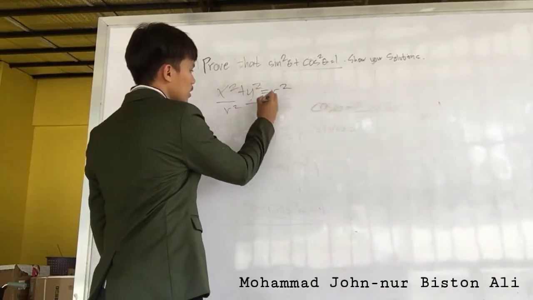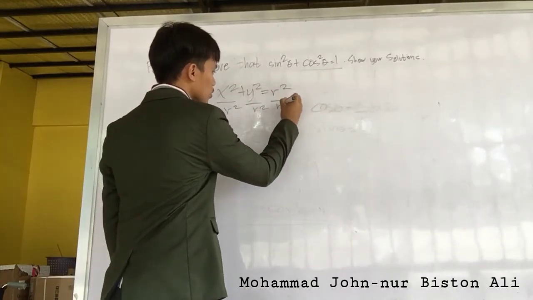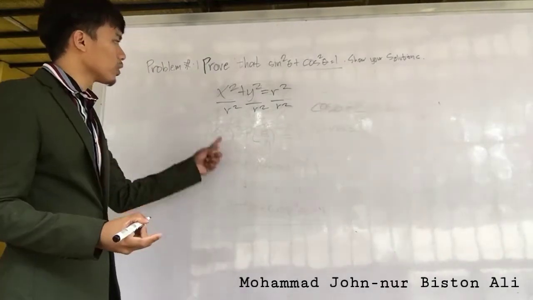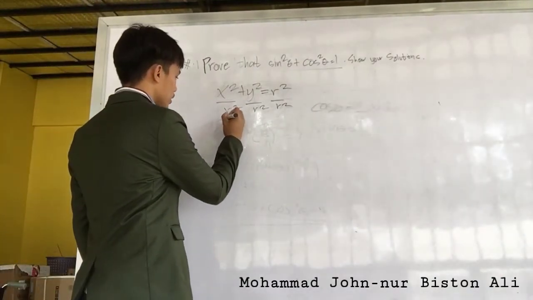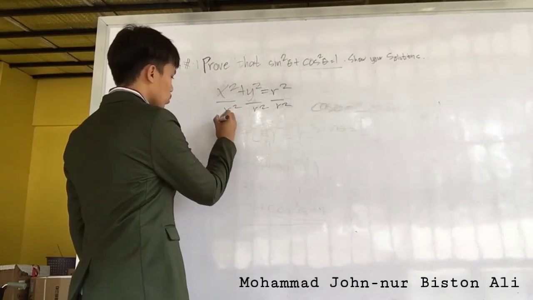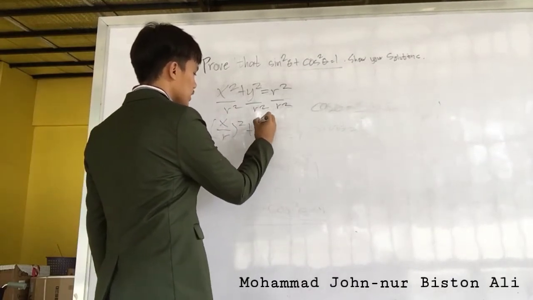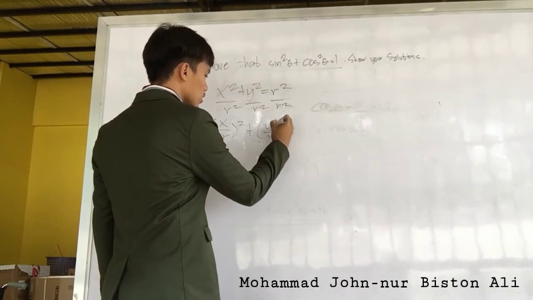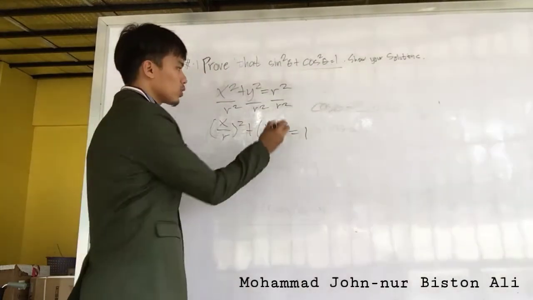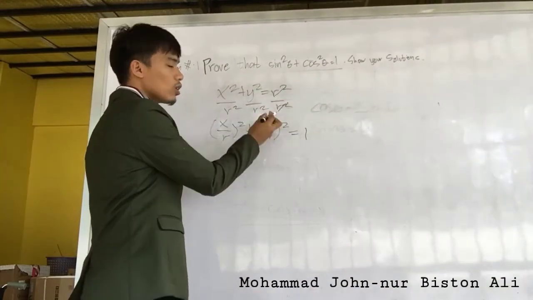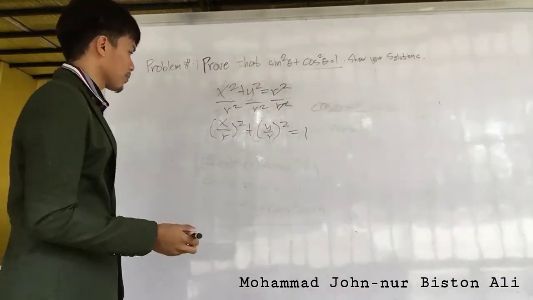Then we're going to make this as 1 by using quantity squared. (x over r) quantity squared plus (y over r) quantity squared is equal to 1, because we're just going to cancel, and we know that it is equal to 1.